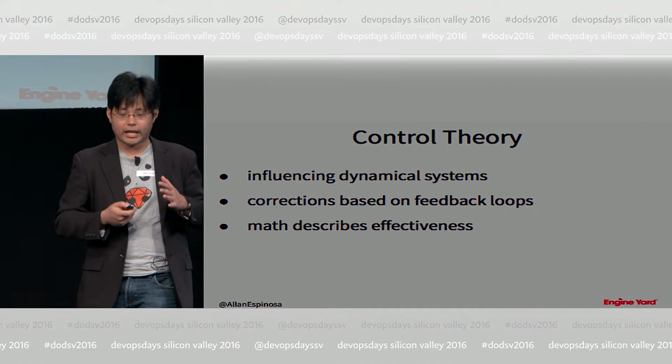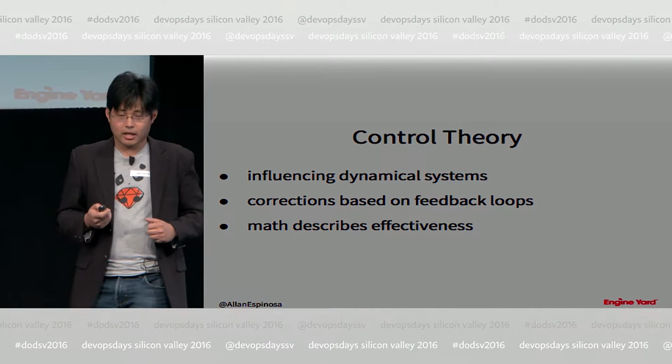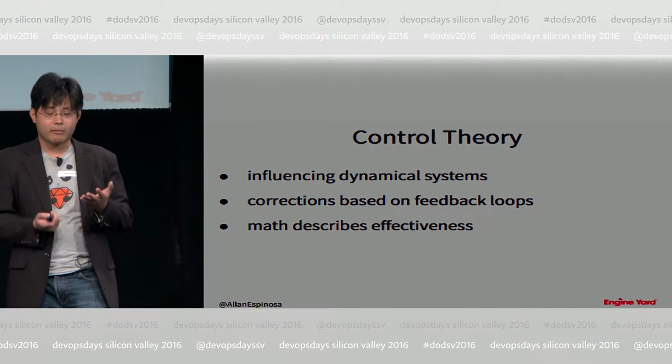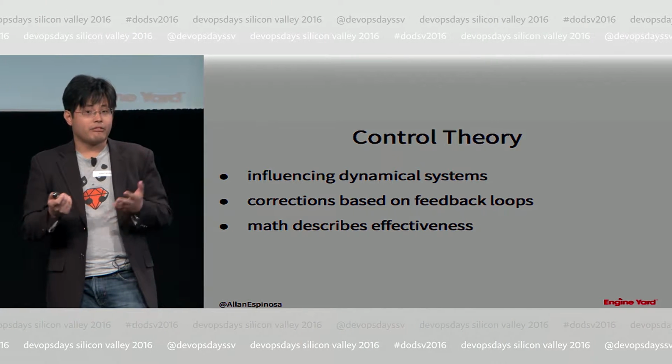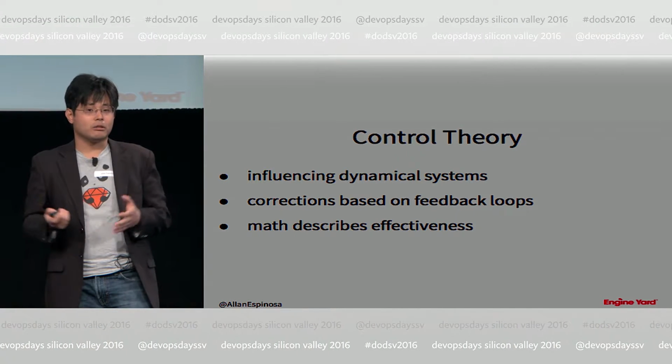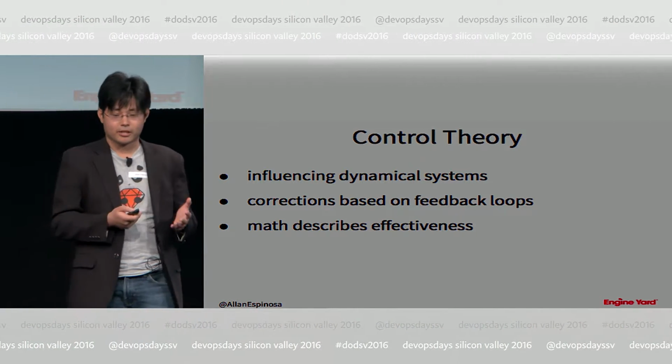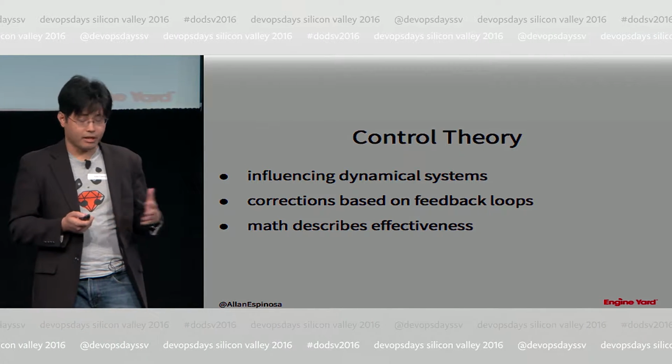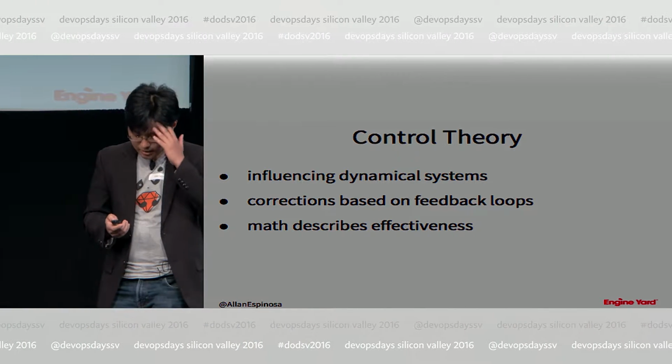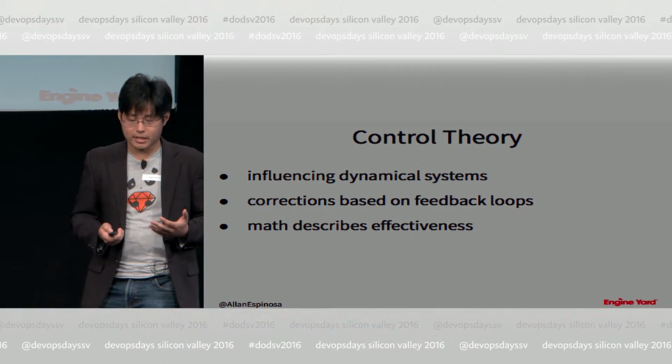Basically, it's math that analyzes how changes in a system dynamically evolve. Based on this dynamics, you can make feedback loops to your system and make certain corrections to it. And they have developed math that shows how effective your automation is.